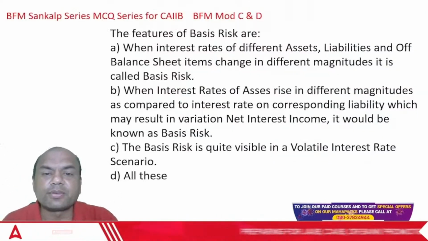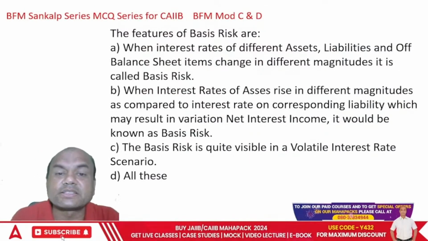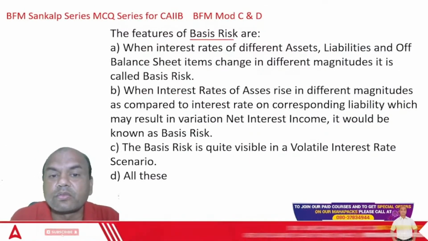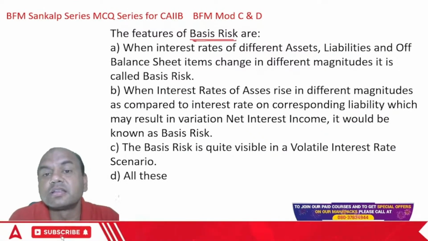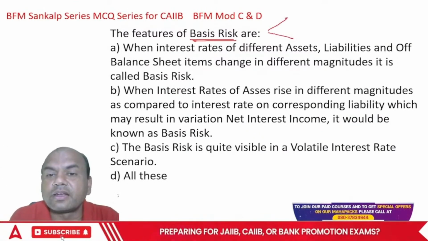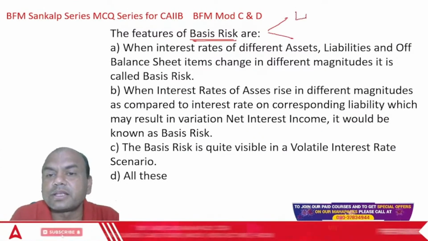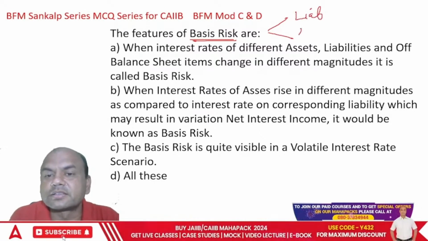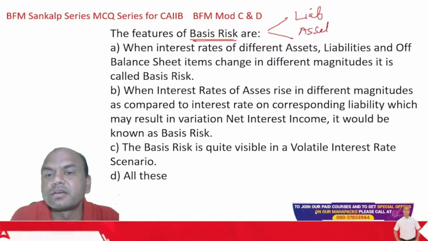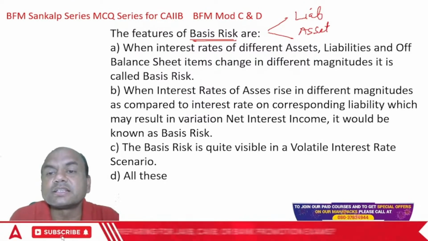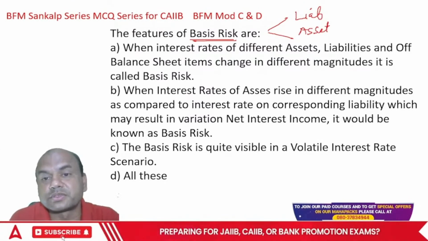These are the features of basis risk. What is meant by basis risk? The rate of interest of liabilities and assets, meaning deposits and loans, changes differently in different magnitudes.